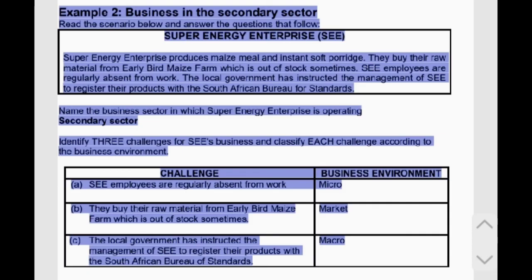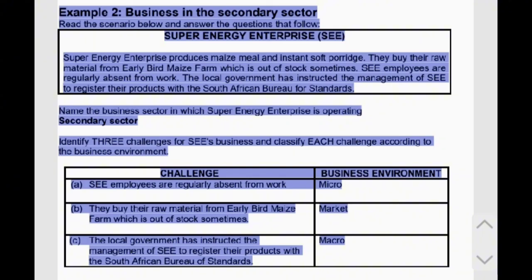They buy their raw material from Elevate Maize Farm, which is out of stock sometimes. By reading this, you must see that it's a challenge. And it is market.